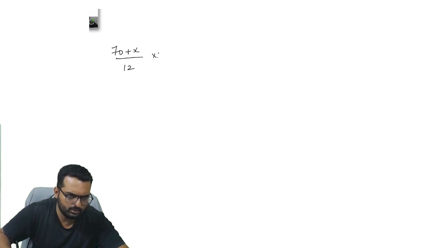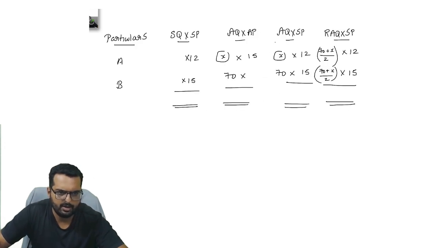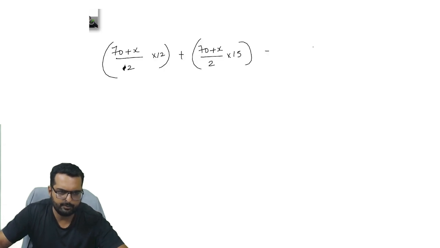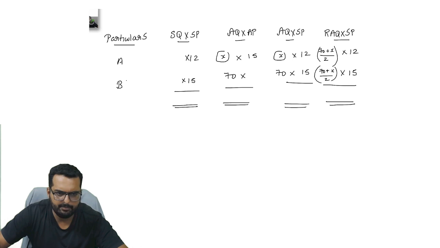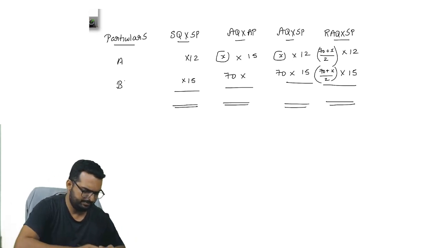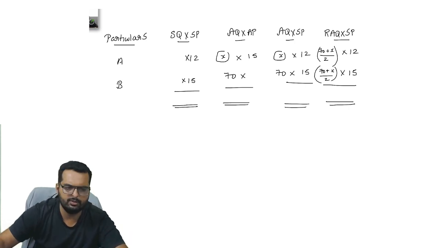So once you get this, then I can form an equation over here. 70 plus X by 2 into 12 plus 70 plus X by 2 into 15 minus what? That is 4 minus 3, right? So this was 4. This was 4 minus 3 will be 12x plus 17 to 15 is how much? 1050. 12x plus 1050.